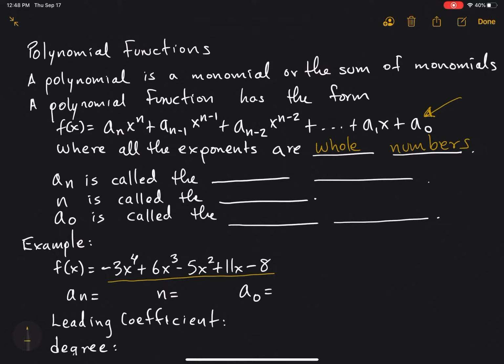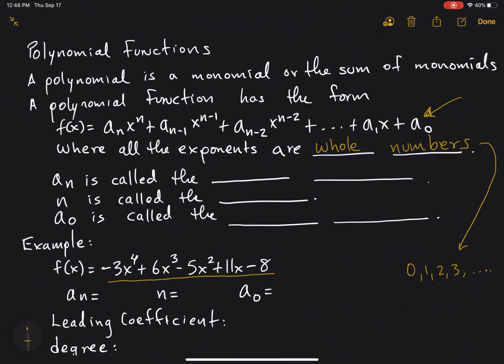All the exponents are numbers like 0, 1, 2, 3, 4, 5. So whole numbers are numbers like 0, 1, 2, 3. That's the definition of a polynomial function.